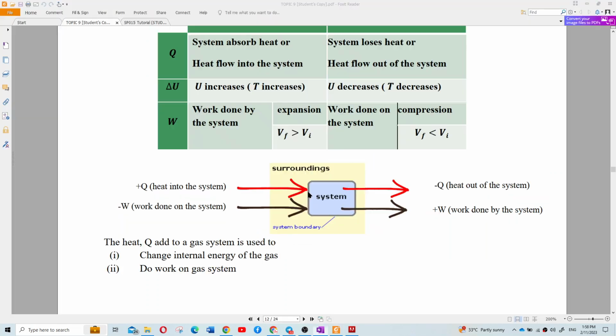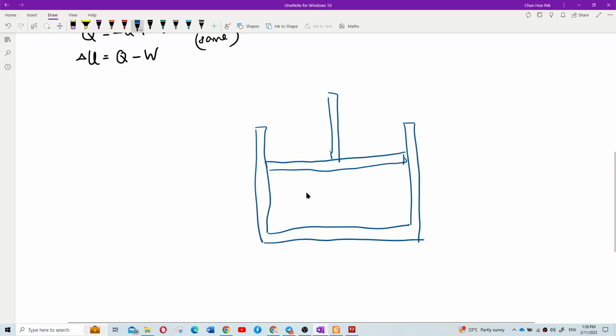Now class, let's say heat absorbs into the system. What is the sign of Q, class? Heat absorbed, heat goes into the system.